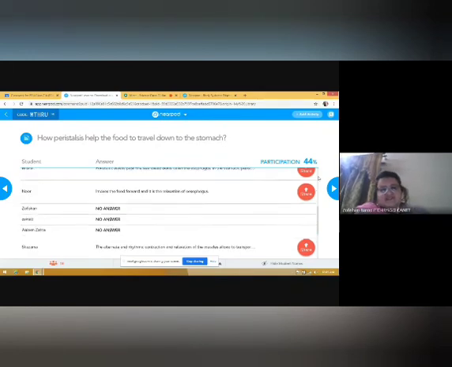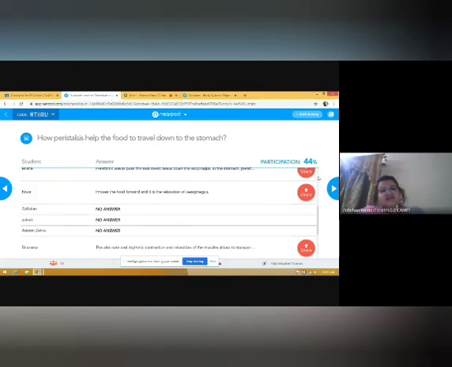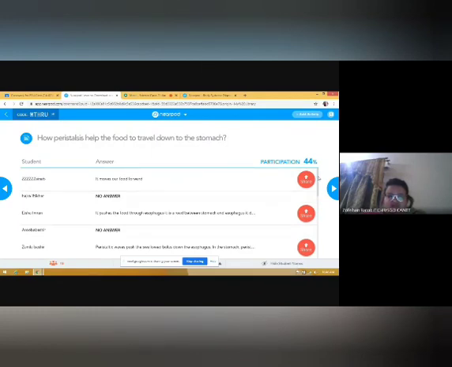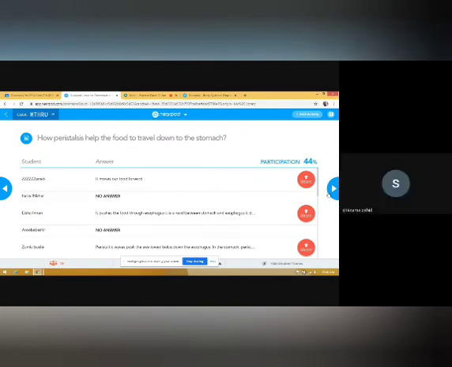Afroza, Zainab, Faisal, Maida, Aline, Zainab Fatma, Manal, Rabia, Ariba, Bashir. Girls, do this question on your notebooks as well. All right, how peristalsis help the food to travel down to the stomach? This is an important question.